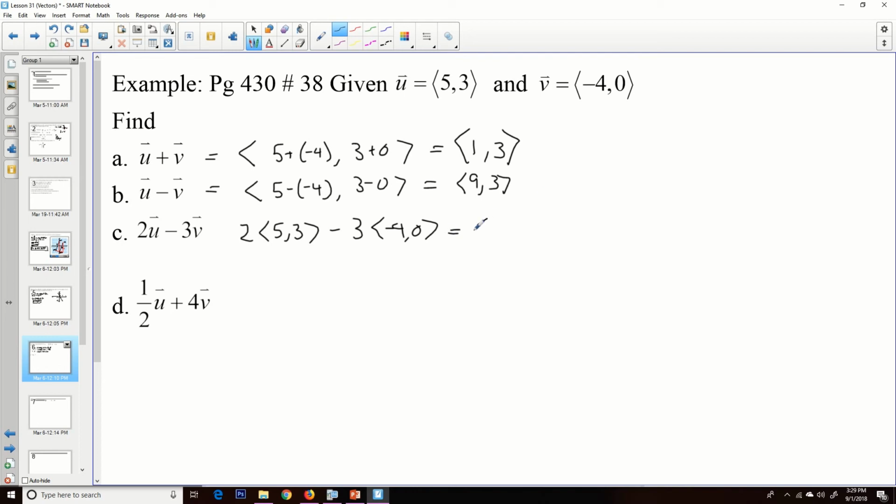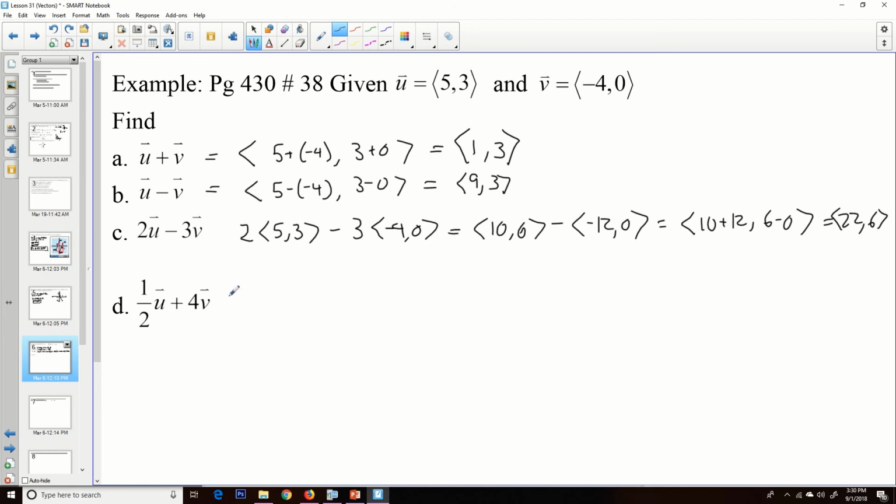That's going to give me 10, 6 minus negative 12, 0, which will be 10 plus 12, because minus a negative is plus, comma, 6 minus 0, leaves me with 22, the vector, and 6. There we go.